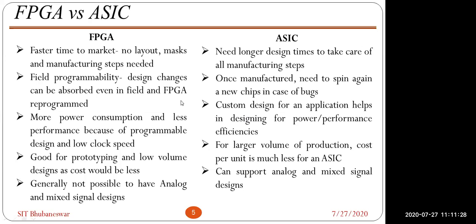So its size is more, power consumption is more, and speed is less. But on the ASIC side, since it is application specific, limited components are there, limited interconnects, plus interconnect length is less, fewer switching matrices, fewer input outputs. That's why its speed is high and size is less.